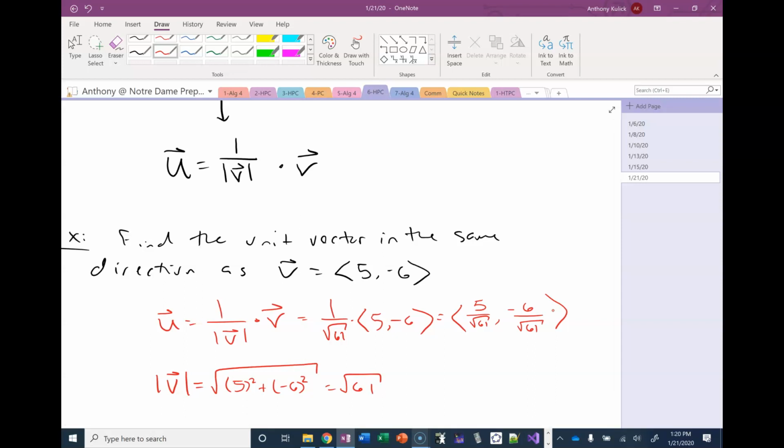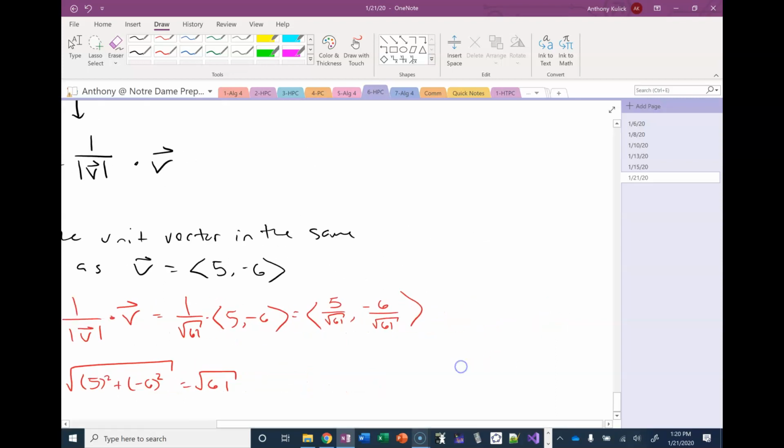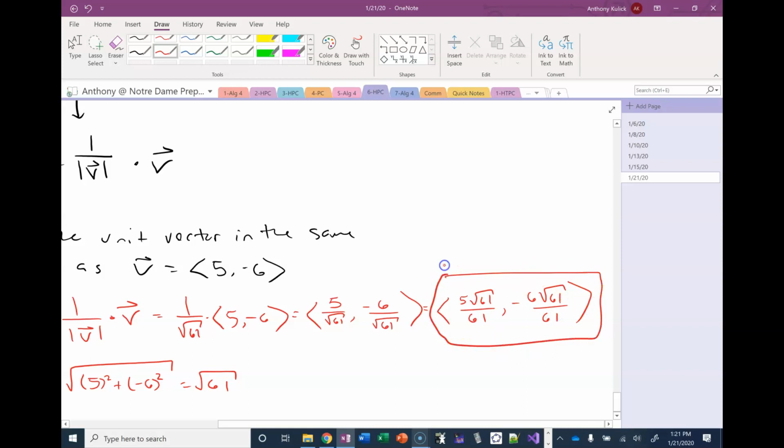Do we like the form that answer's written in? Yes. No. Why not? The square root's in the denominator, right? How do we fix that? Yeah, multiply the top and bottom by the square root of 61. So we have that.